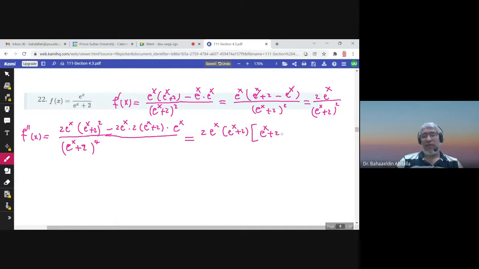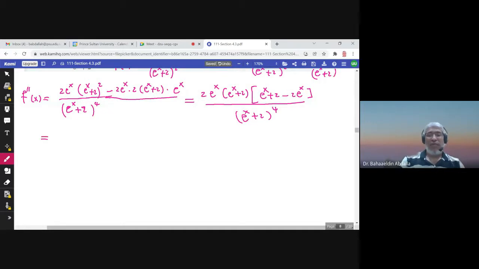And minus 2e^x have been taken, e^x plus 2 also, so we still have 2e^x, over (e^x plus 2) to the power 4.